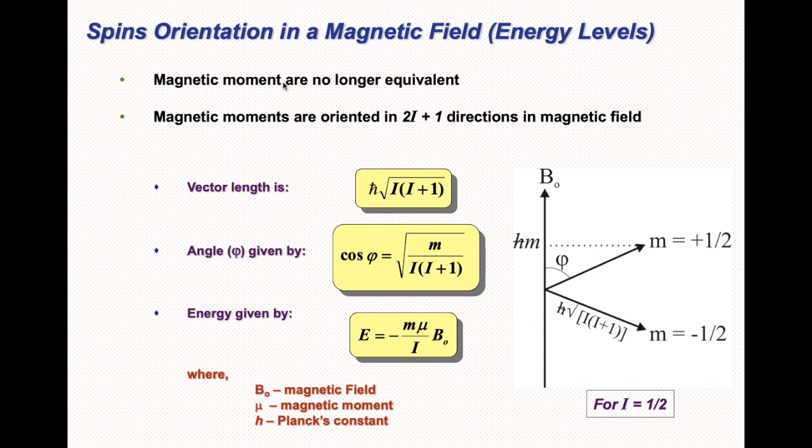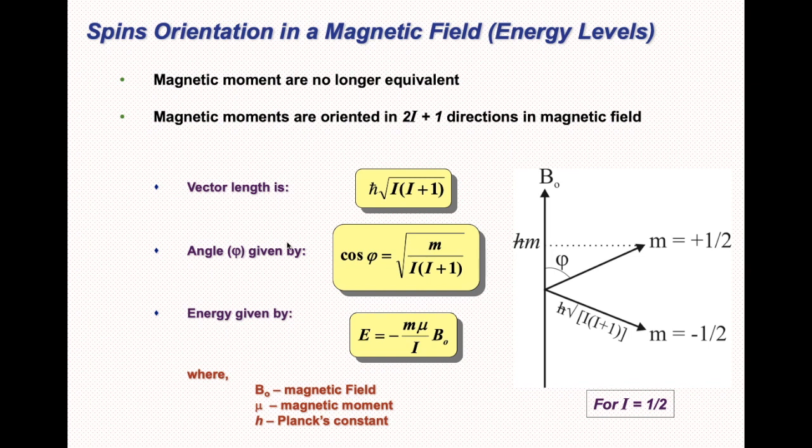That means it will have different components, which are no longer equivalent in the presence of an external magnetic field. They will have different orientations, and the number of orientations can be calculated using the 2I plus 1 formula. The length of the magnetic moment can be estimated using the formula h cross multiplied by the square root of I into I plus 1, where I is the nuclear spin quantum number.